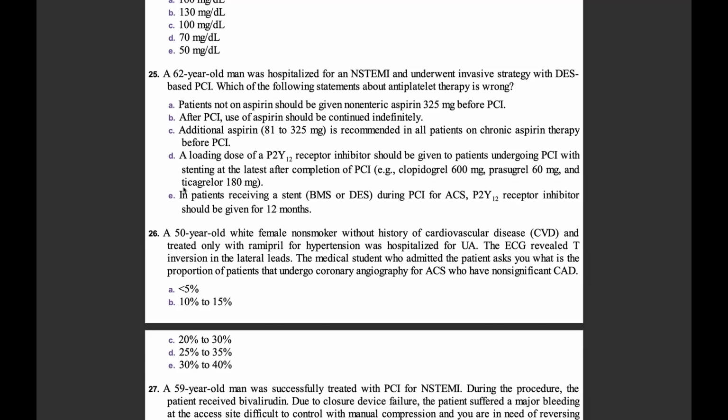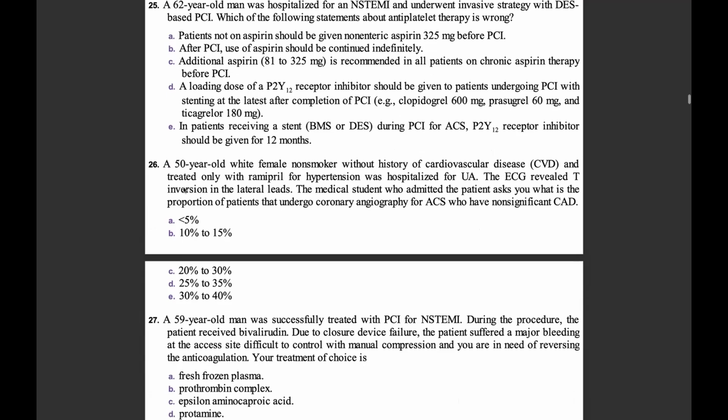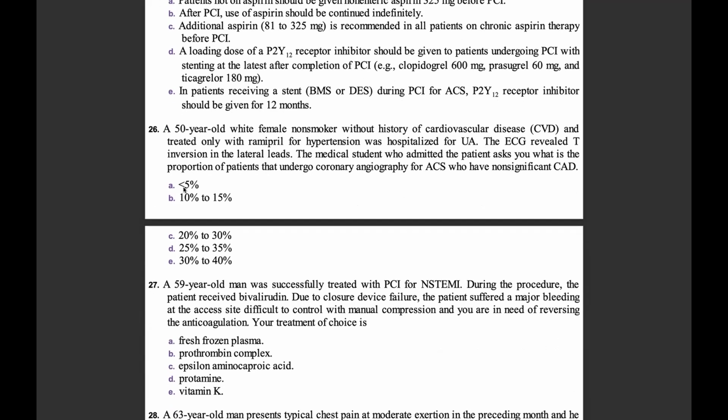For 26, they say a 50-year-old white female non-smoker without history of cardiovascular disease and treated only for peripheral hypertension was hospitalized for unstable angina. The ECG revealed T-wave inversion in the lateral leads.